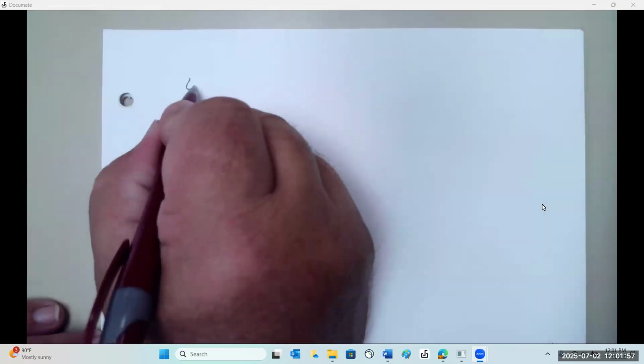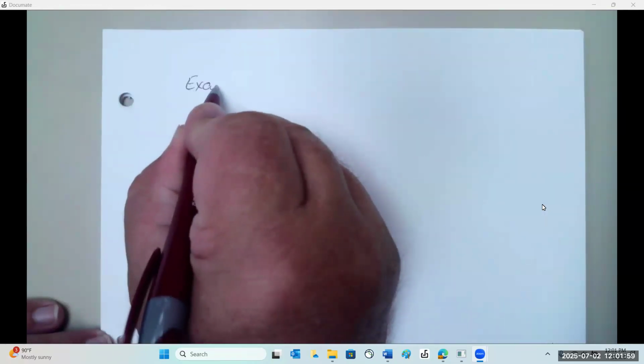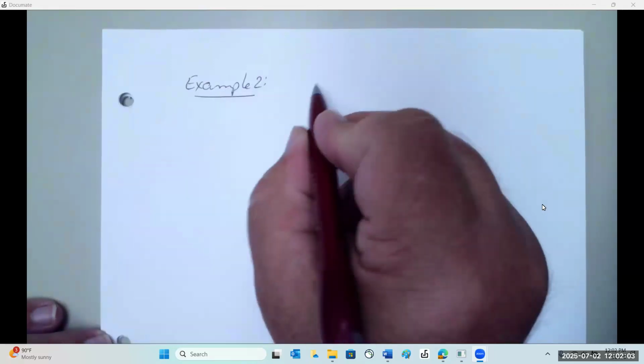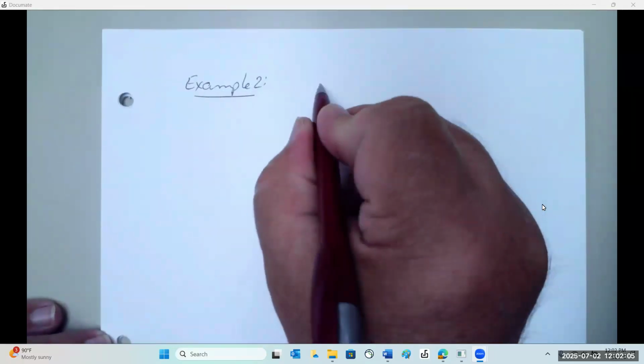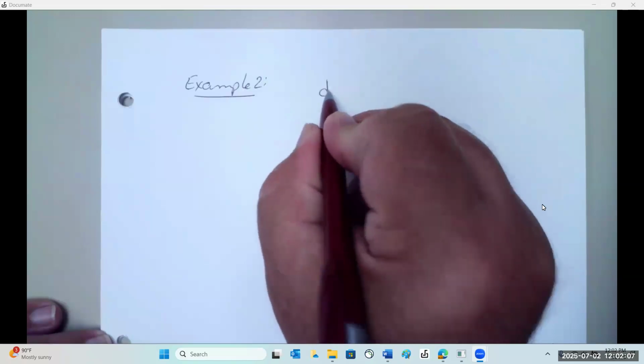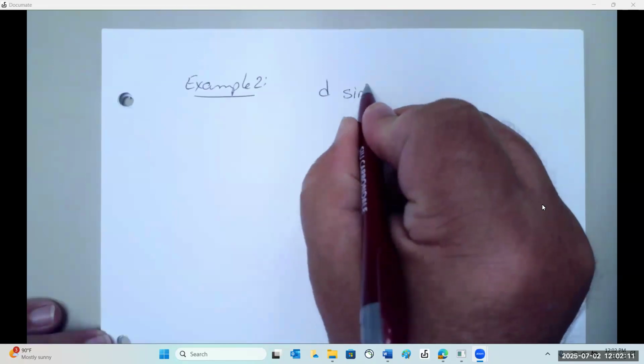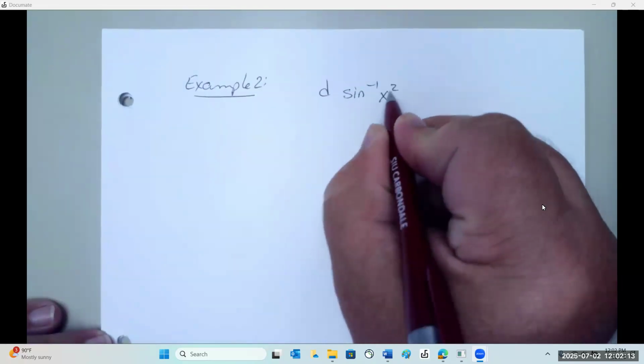Let's look at an example of that one. Find the derivative of inverse sine of x squared.